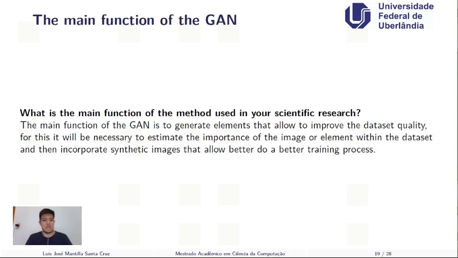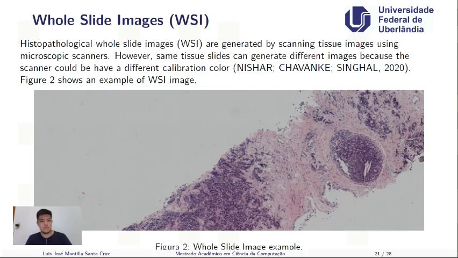Now, the main function of the GANs. The main function is to generate new samples that allow us to improve the dataset quality, and it's necessary to estimate the importance or the impact of a synthetic element in the dataset. Principal concepts.